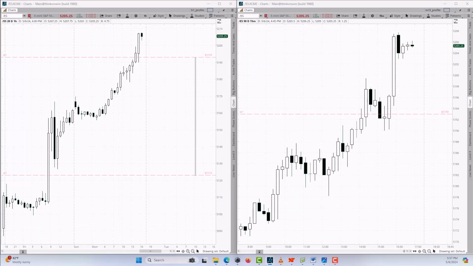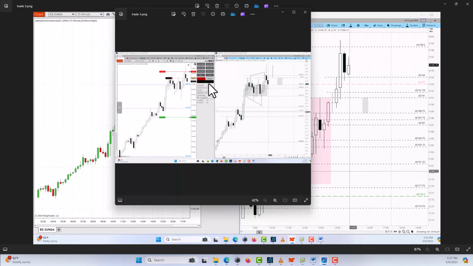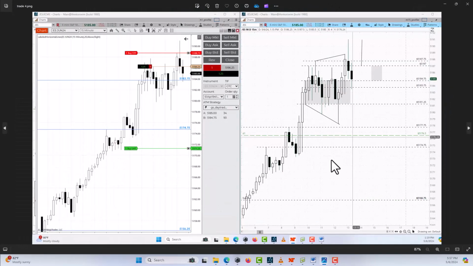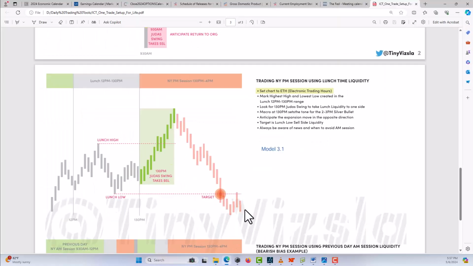Let's look back at our trade number 4 right here. Here's our trade number 4. At 1 o'clock, the reason why we took this trade is because we were thinking about ICT, this model.